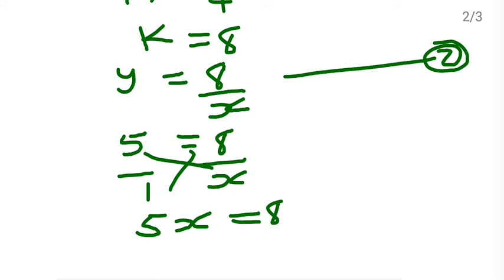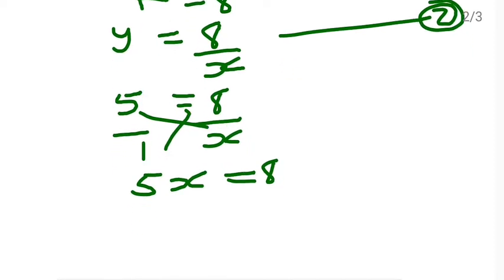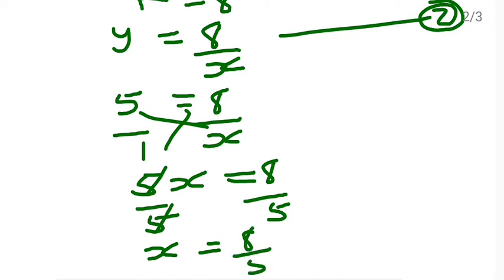We shall divide both sides by 5. This will now give us x equals 8 over 5. Let us go to example 2. We have got the value of x as 8 over 5.